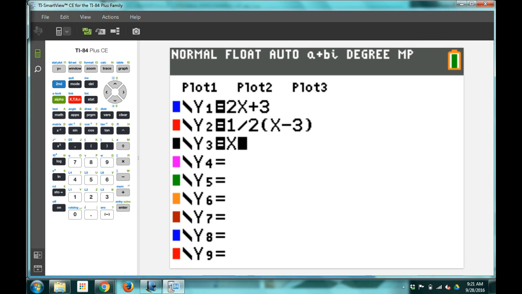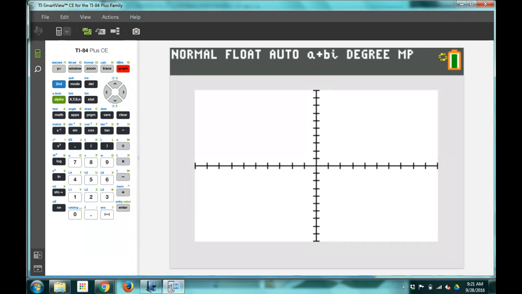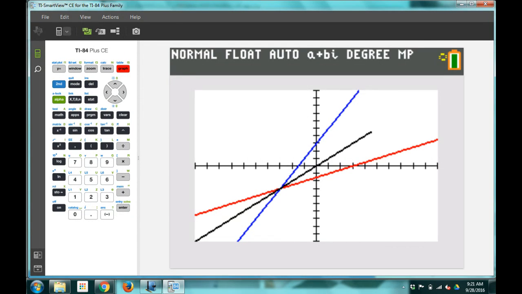We already know that these two are inverses of one another, so they should reflect across the y equals x line. I want to show you what that looks like. Okay, so we're going to graph that. So here's the 2x plus 3. The red one is the 1/2 x minus 3. And then the black line is your y equals x line. Notice that it's a reflection.